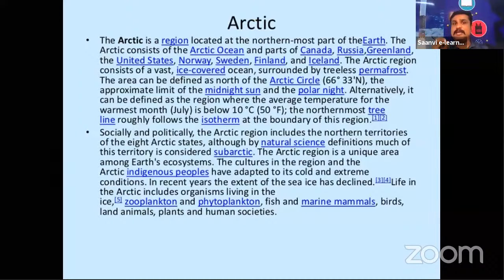The northernmost tree line roughly follows the isotherm, a line on a map of the same temperature, that we call iso, at the boundary of this region. And socially and politically, the Arctic region includes the northern territories of 8 Arctic states, although by natural science definitions, much of this territory is considered subarctic.